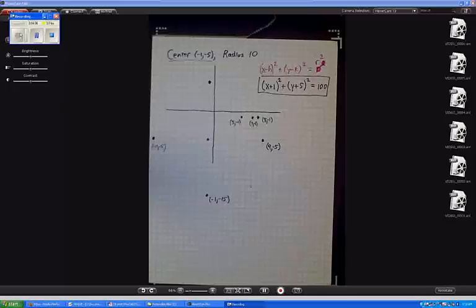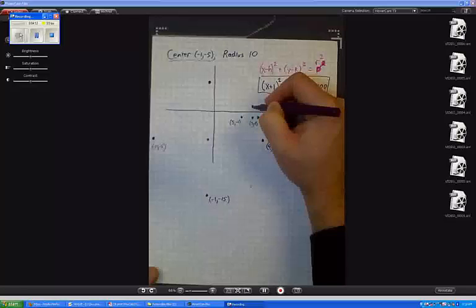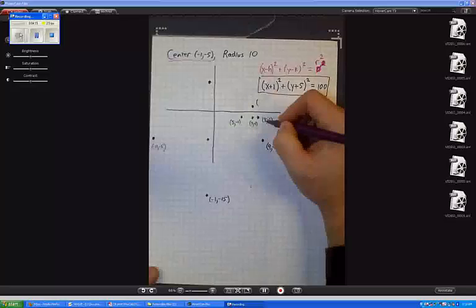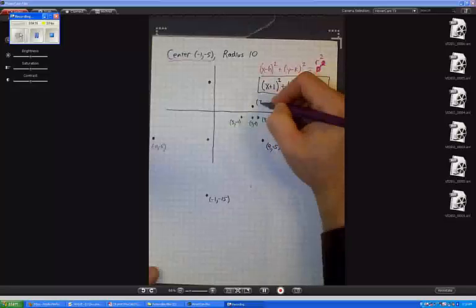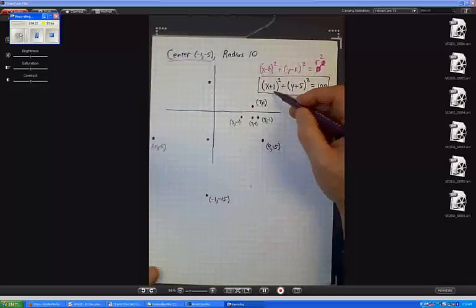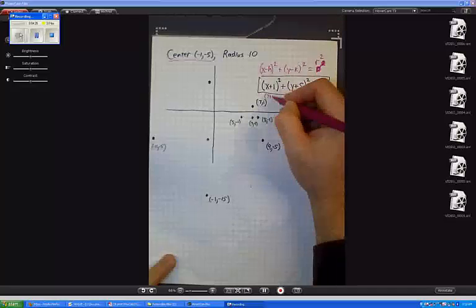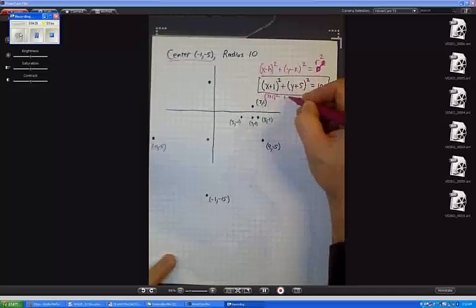So trying these points, it seems like none of these are on the circle. This one just missed the circle, this 8, negative 1, but if I go up to 7, comma 1, I would say that is a point on our circle because when I substitute in, I get 7 plus 1 squared plus 1 plus 5 squared.